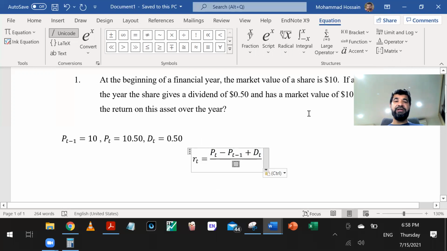So we have invested actually $10, so PT minus 1. This is our formula.